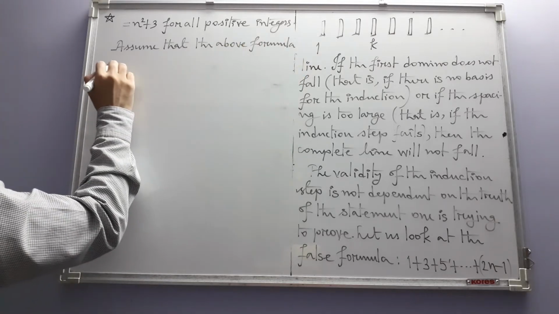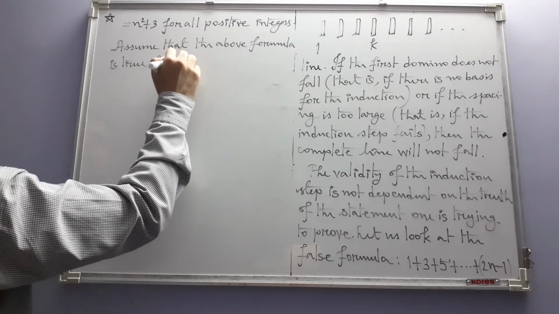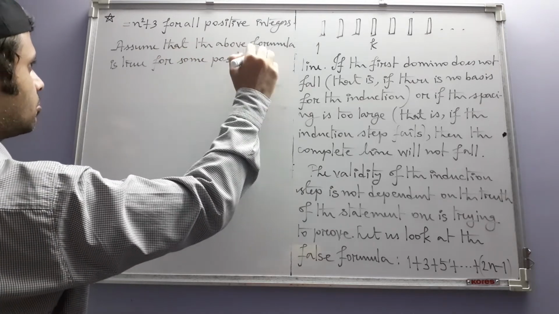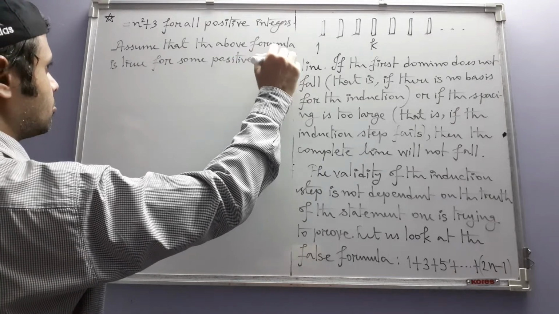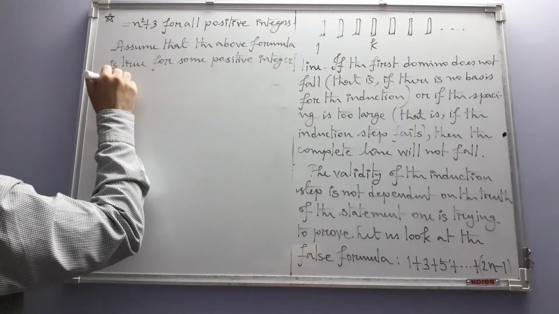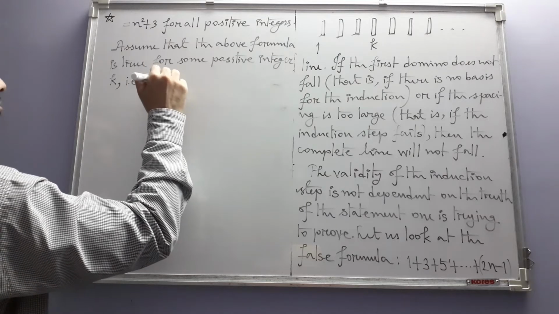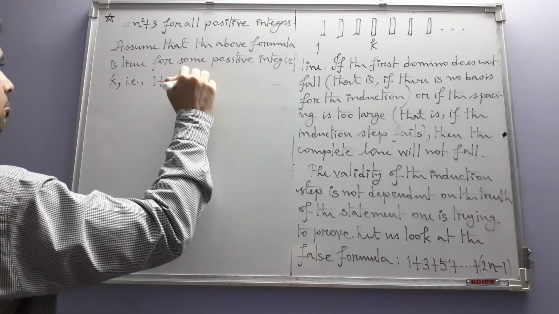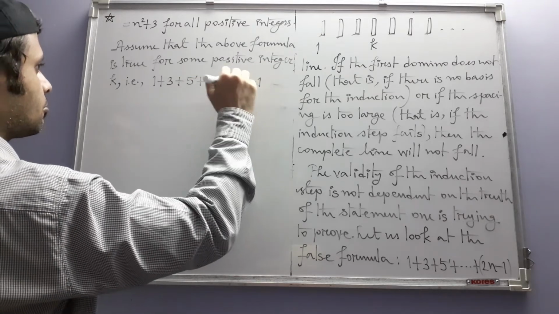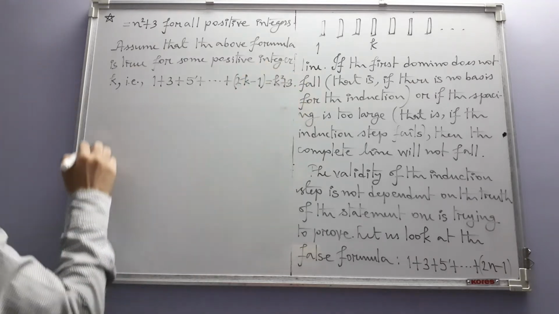Assume that the above formula is true for some positive integer k, that is, the sum is equal to k square plus 3.